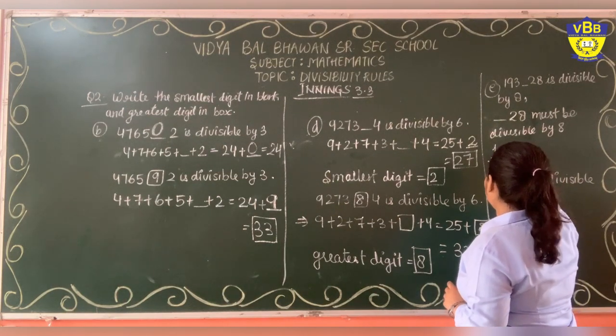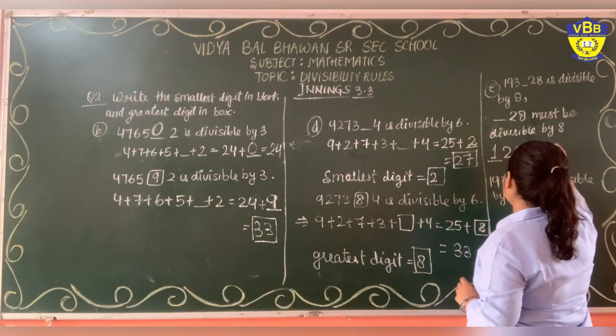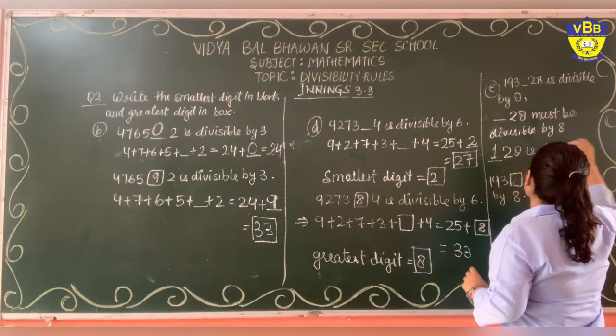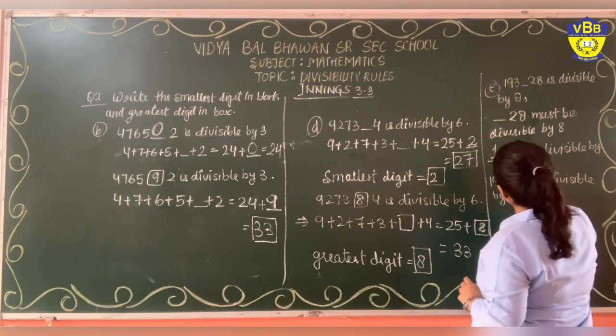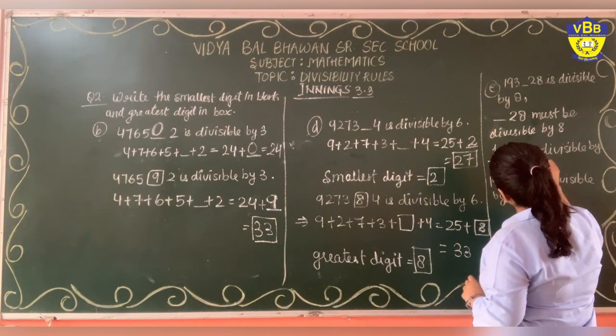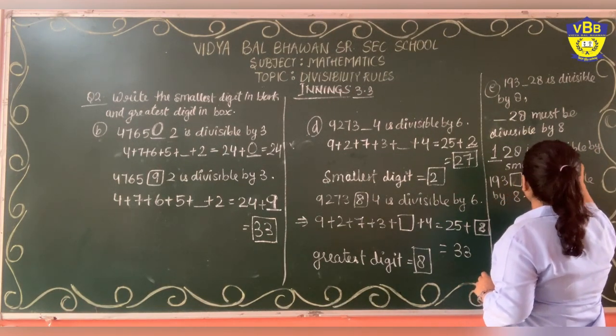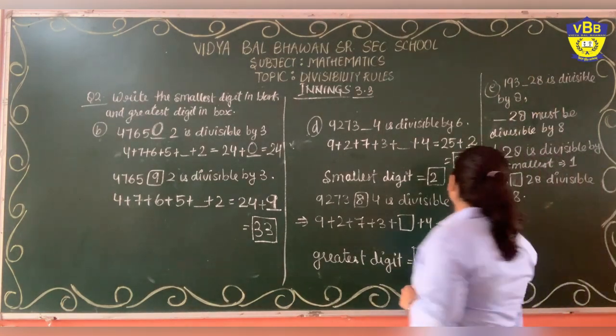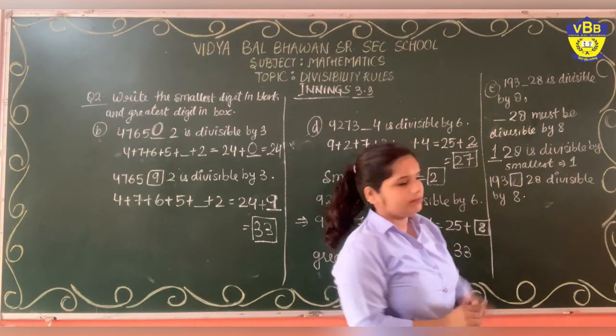When you write 1 at this place, 128 is divisible by 8. So what will be the smallest digit? The smallest digit will be 1. 1 has to be written here so that it will become divisible by 8.